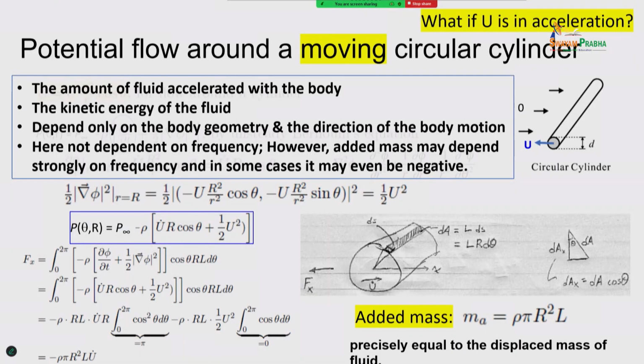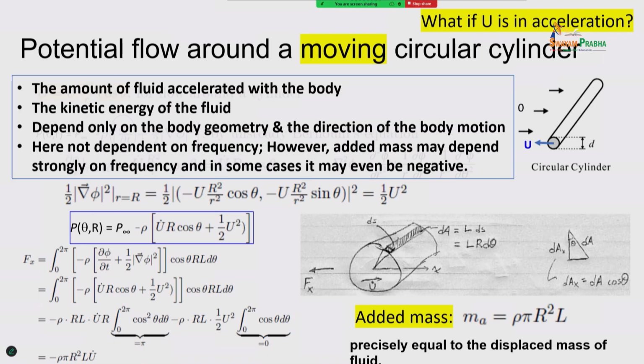So in summary, the physical meaning of the added mass is the amount of fluid accelerated by the body. You move the body, and the fluid is accelerated by the body. In another sense, it is the kinetic energy of the flow surrounding the body. So what does that mean? If you have particle motion or mass motion, the energy is 1/2 m v squared, right?